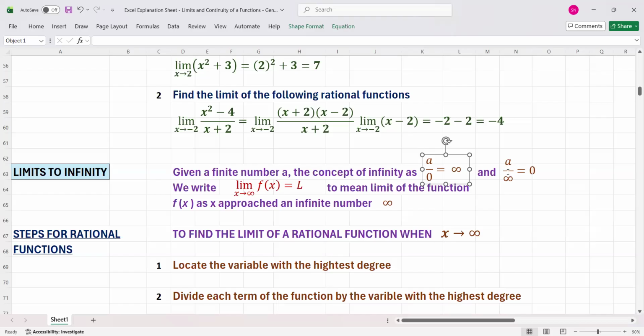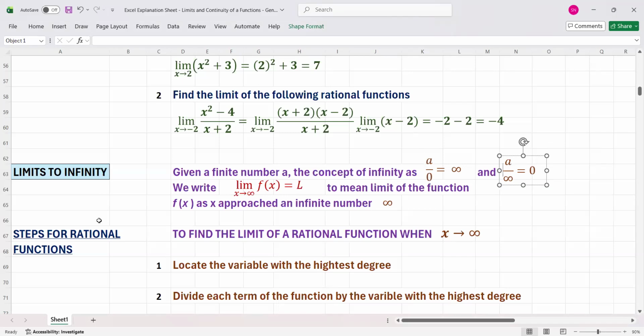And when your denominator is infinity, imagine infinity is a big number. If it's dividing any number, then the result must be close to 0. So these are the two concepts when our values of limit go to infinity or go to 0. Okay, so please take note of this definition.